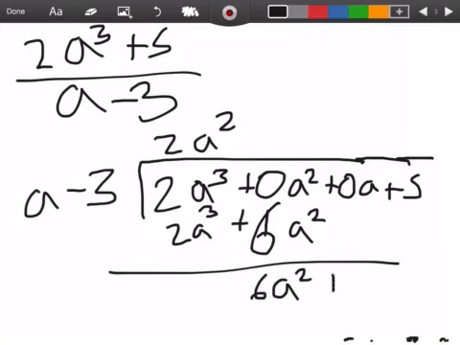So we have 6a squared plus 0a. And then 6a squared divided by a is plus 6a. And then plus 6a times a is 6a squared.